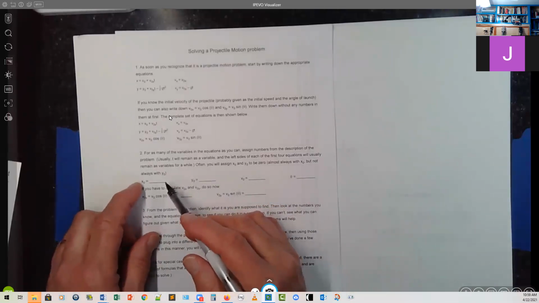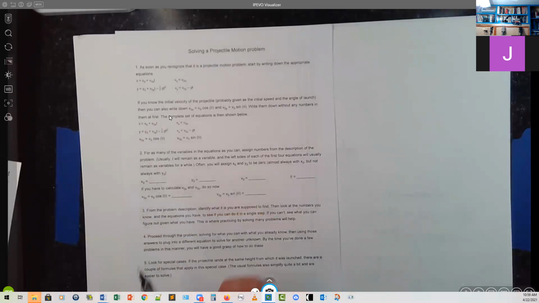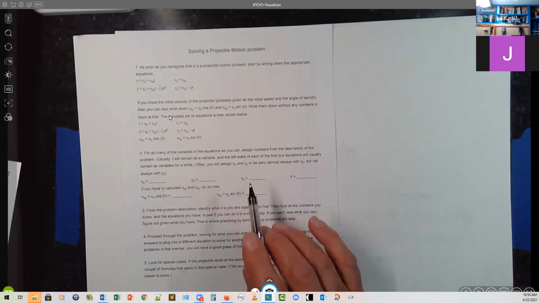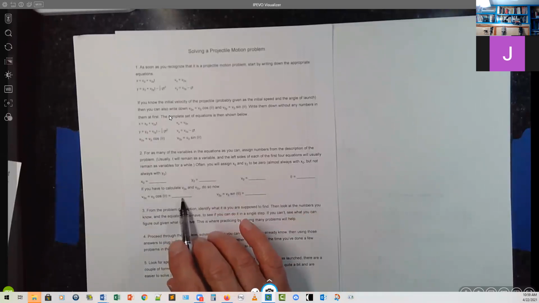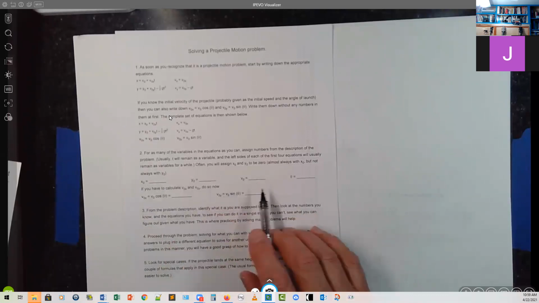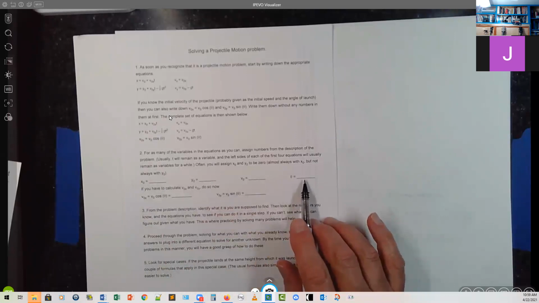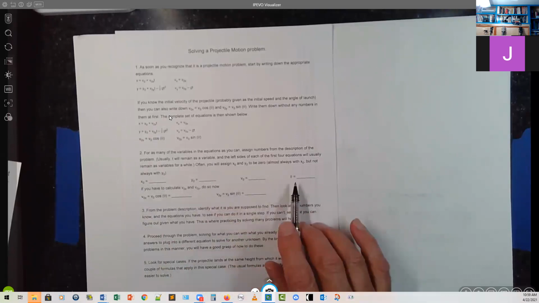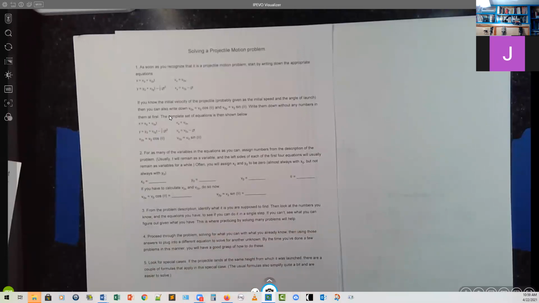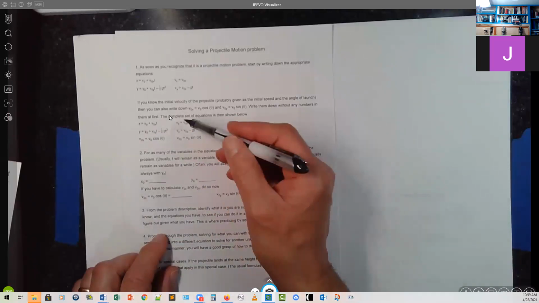Nearly always x naught you can define to be 0. You'll usually be given the initial velocity. If not, maybe you might be given the initial x velocity or the initial y velocity. You'll usually be given the angle theta. If you're given v naught and theta, then you can figure these things out. And so you can calculate those, and then your equations start getting populated with things that you know.